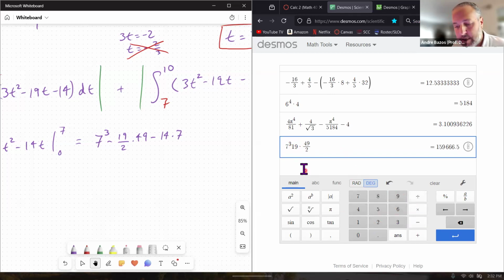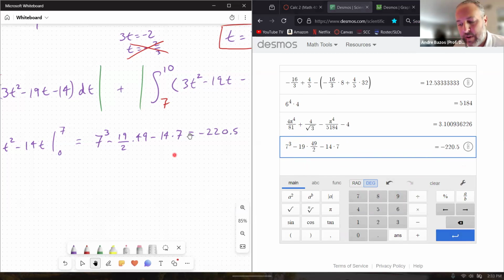Oops, I forgot to put minus right here. Minus 14 times 7. That gets me that, which is just a fraction, but it's easy enough to write as a decimal too.